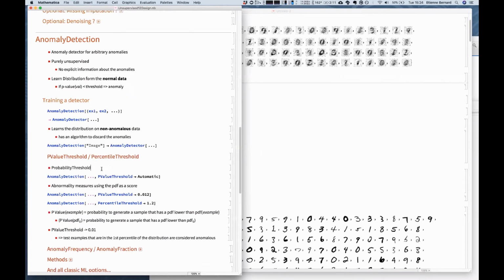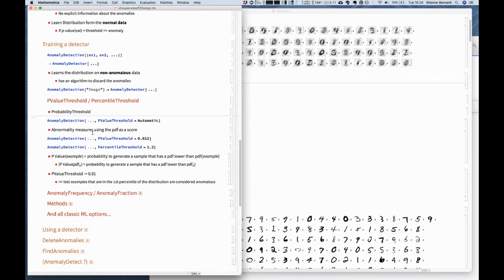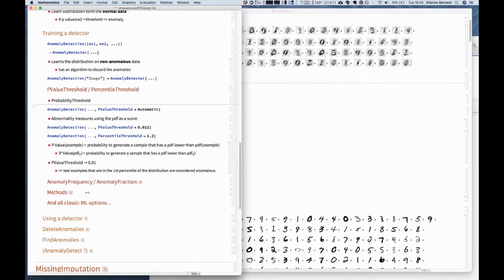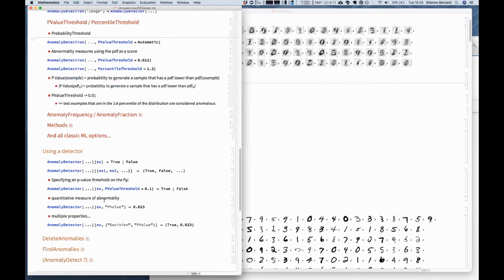But it's not the probability to be an anomaly. That's very important. No, I understand. The issue is what counts as an anomaly. If the probability that this should happen is less than 0.01, then consider it an anomaly, right? Exactly. This might be confusing when you use the detector. You can ask for the p-value, but if you ask for the probability, people might say, oh, there's a 2% chance it's an anomaly, which is not true.